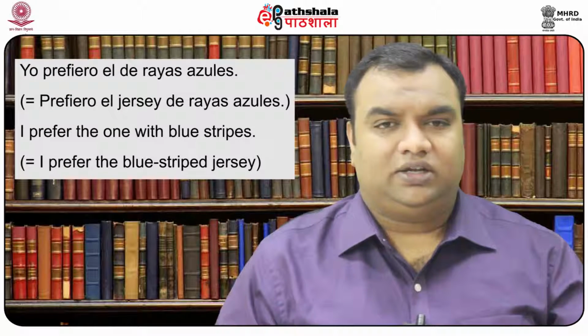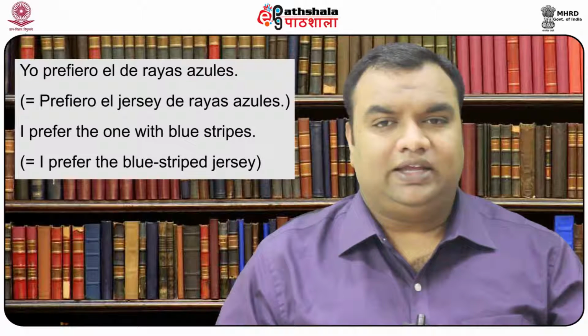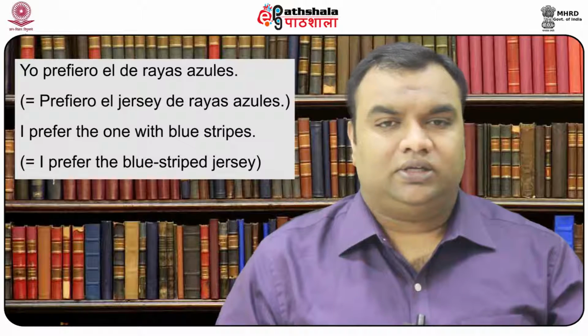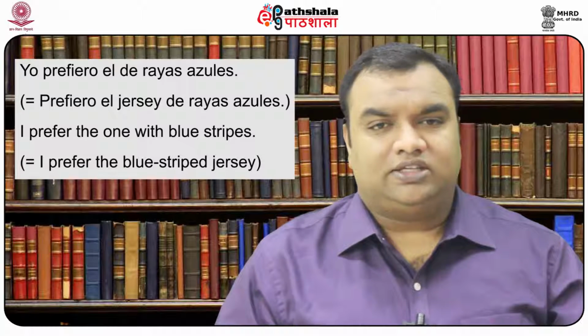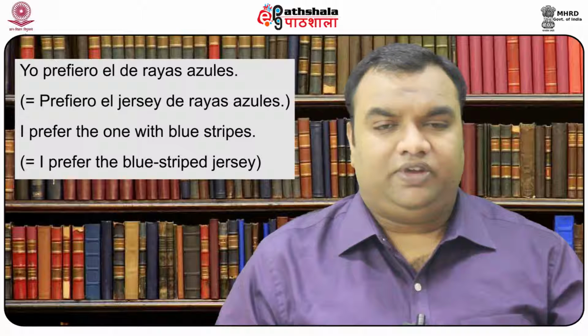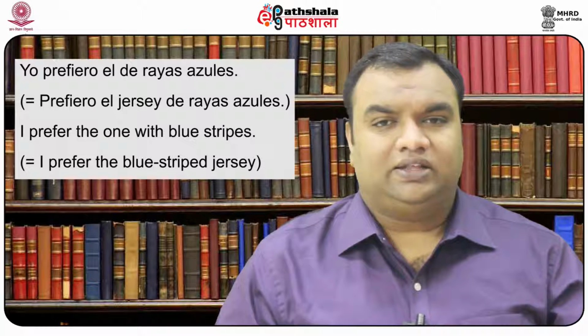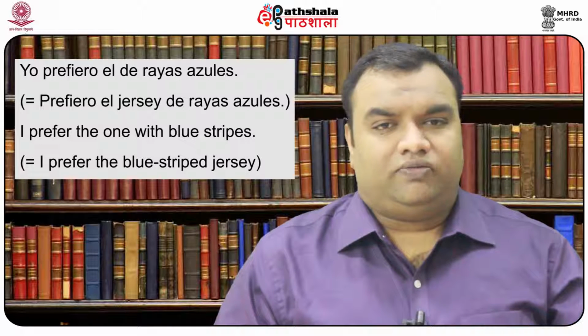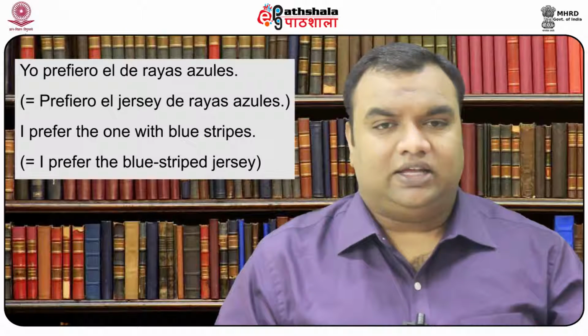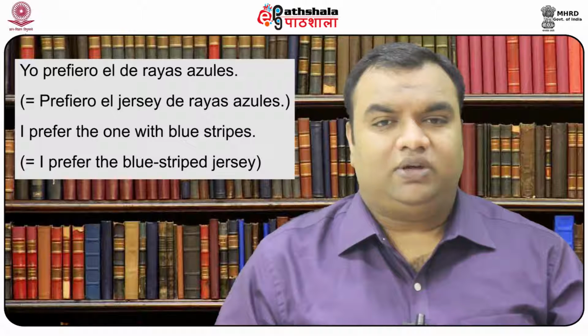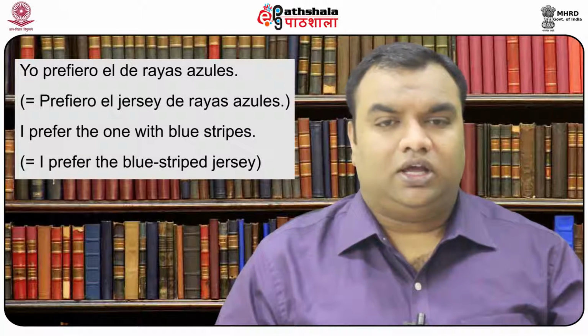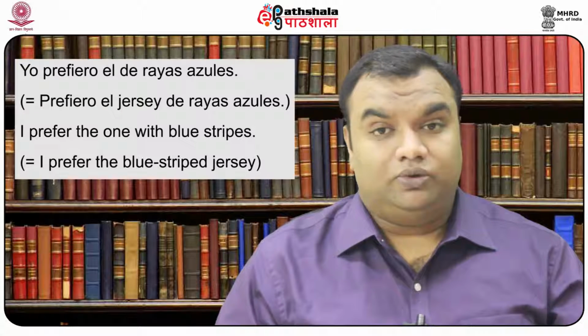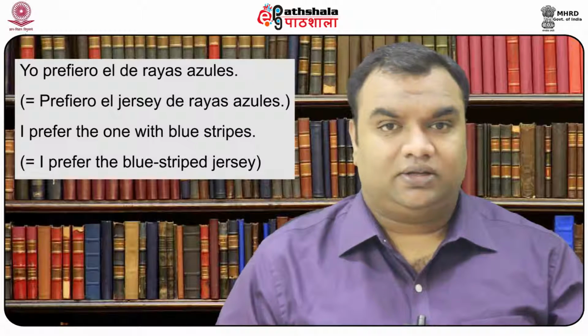I repeat, yo prefiero el de rayas azules. It is saying the same as prefiero el jersey de rayas azules, which means in English, I prefer the one with blue stripes, or I prefer the blue striped jersey.